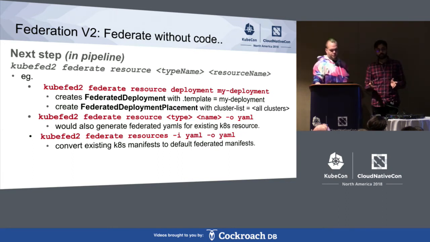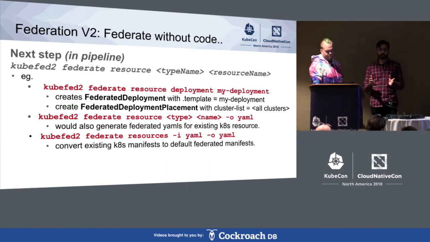We might also think of extending it as a plugin or some mechanism of extending the same thing into Helm-based implementations, because that's what we think might be the most used tool for deploying applications as of now.